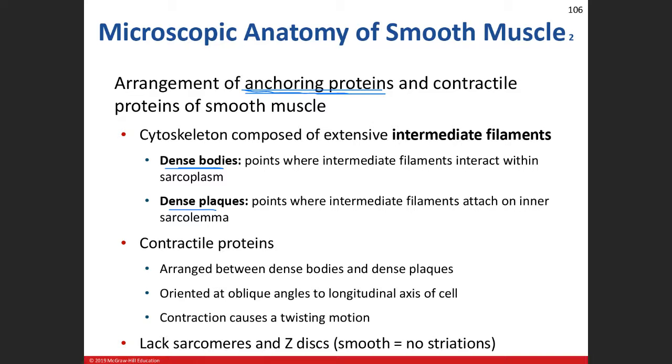Point being is, I don't want to get into this in too much detail here because it's kind of boring. But when we're dealing with our contractile proteins, and we start to see a contraction occurring, we change this distance between those dense bodies and those plaques.